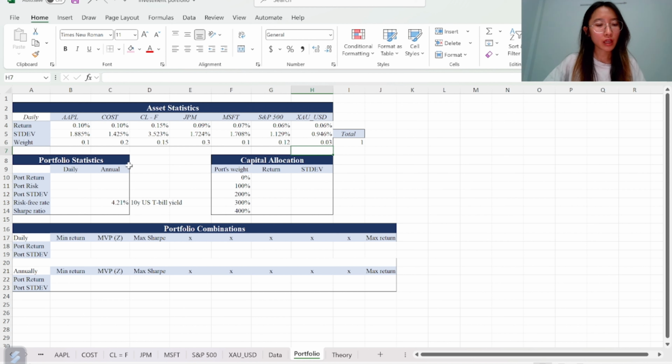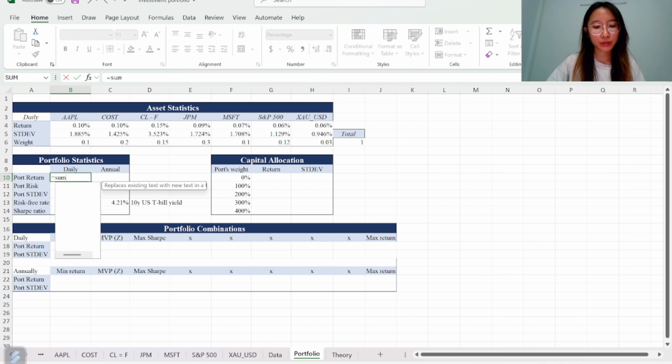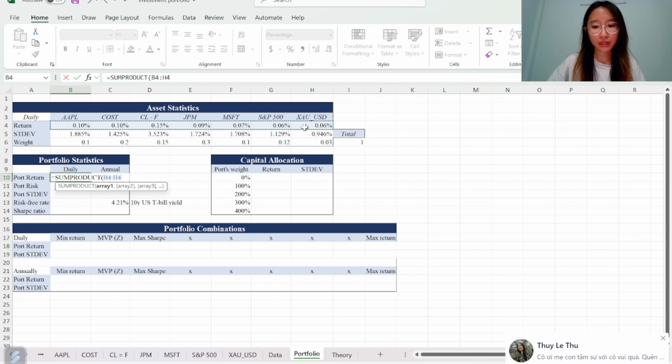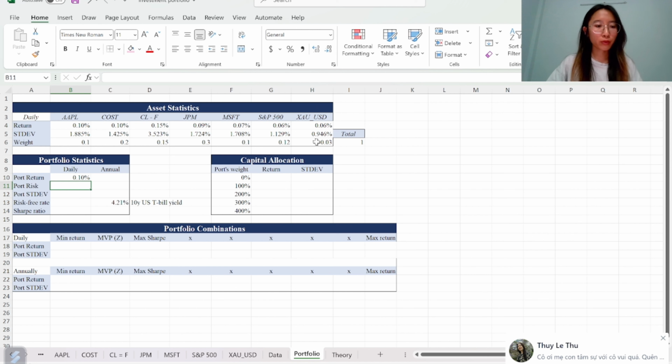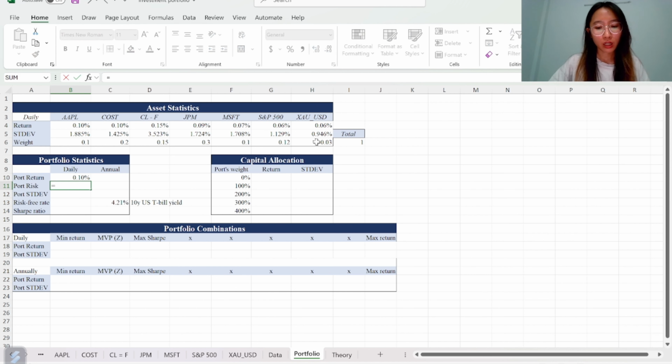There. And for the portfolio statistics, for return, we will use the SUMPRODUCT formula of each asset return and each weight assigned. For the portfolio risk or portfolio variance, this is a little bit more complicated.